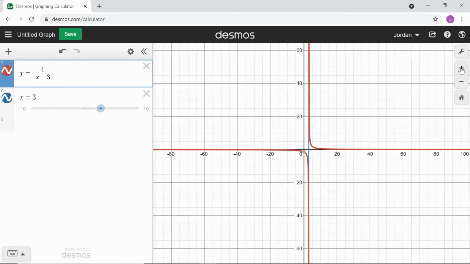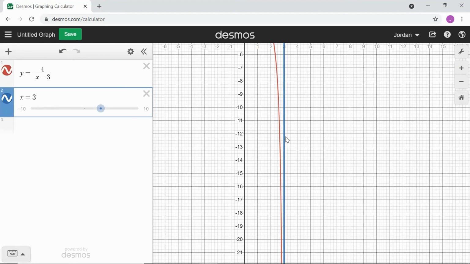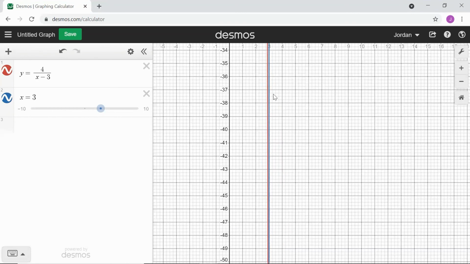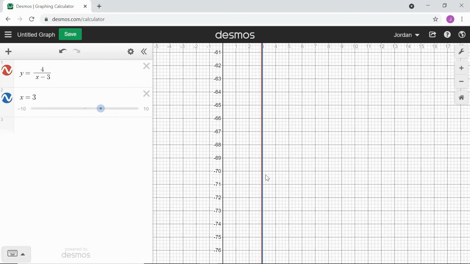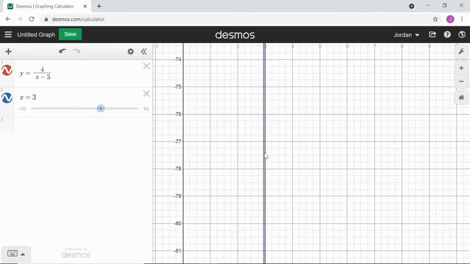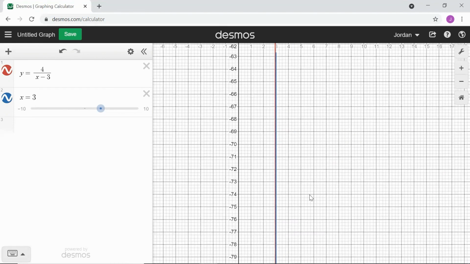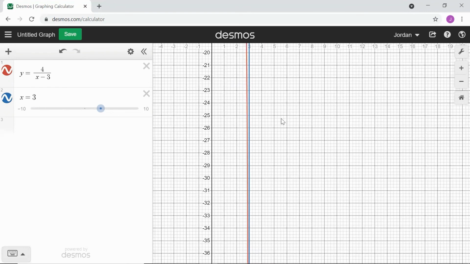And eventually these things never actually hit, but they kind of look like they hit once we get far enough along. Okay, so it looks like the two curves are right on top of each other. But if you zoom in far enough, there's always a little space in between them. So just so that you know, we have this vertical line of x equals 3.